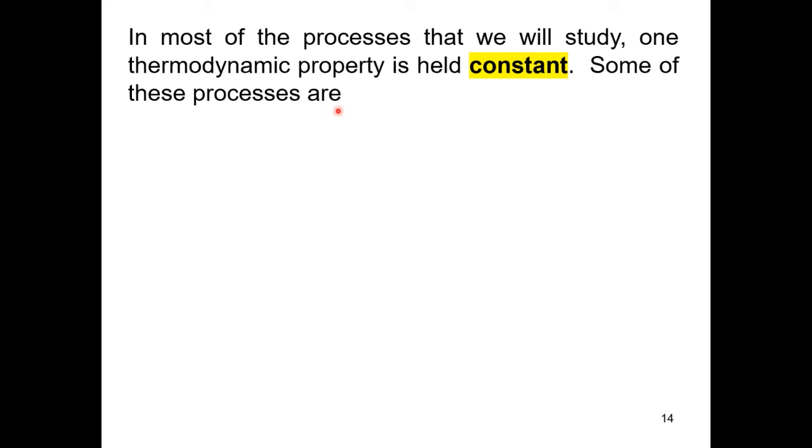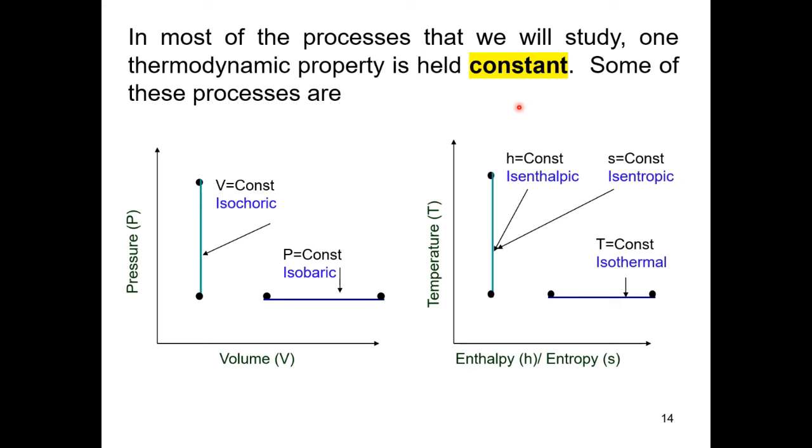In most of the processes that we will study, a thermodynamic property is held constant. You can see here there are two graphs. If the graph is pressure to volume and the volume is not changing, the volume is constant, and we call it isochoric. These terms can appear in questions or in our analysis.